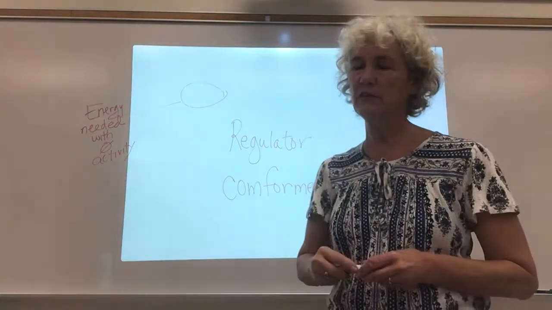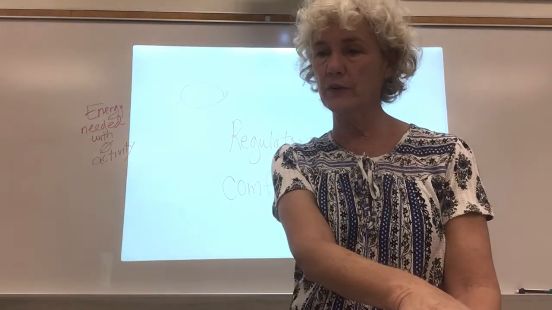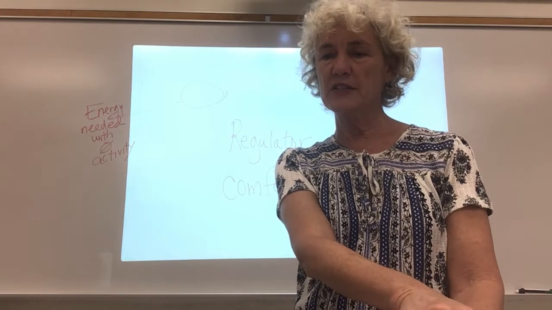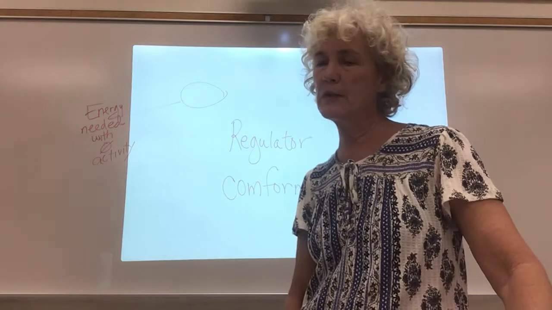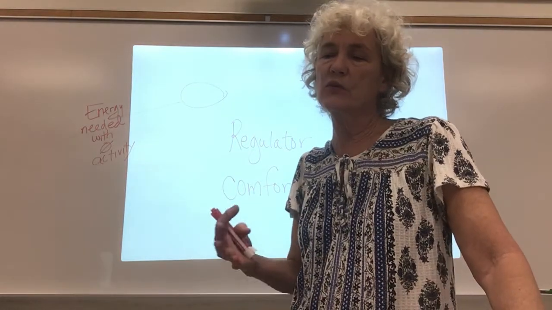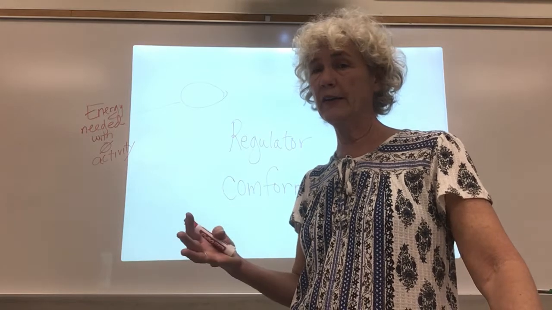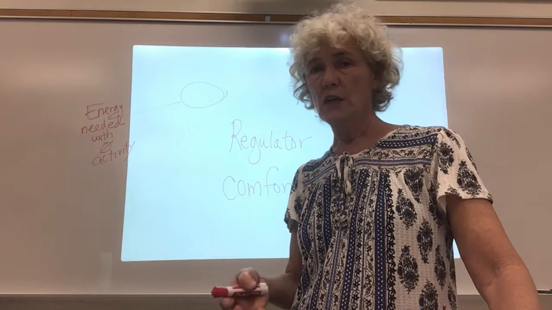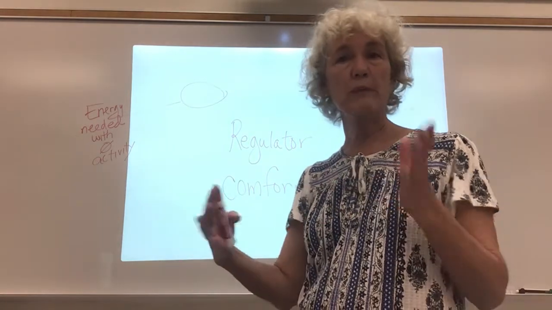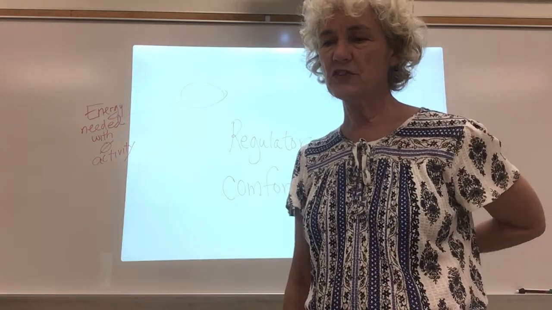Okay, so as you might imagine, a regulator is what we were just talking about, like an endotherm, a very, very narrow range, etc. And a conformer basically has the environment dictating or allowing the internal conditions to vary somewhat with the environmental change. That doesn't mean they don't do things to try to make it less broad, but they still may have a broader range.